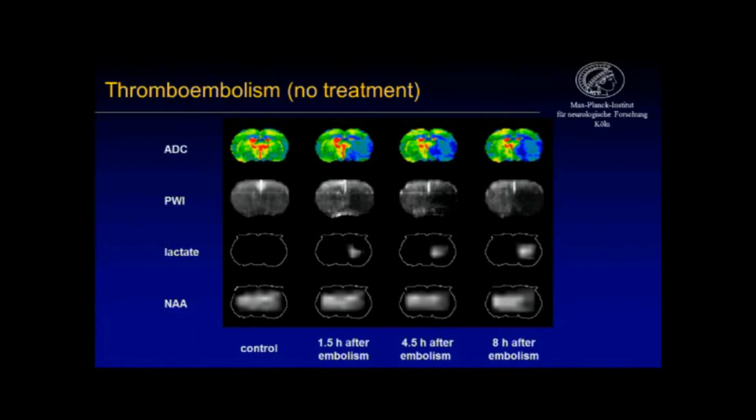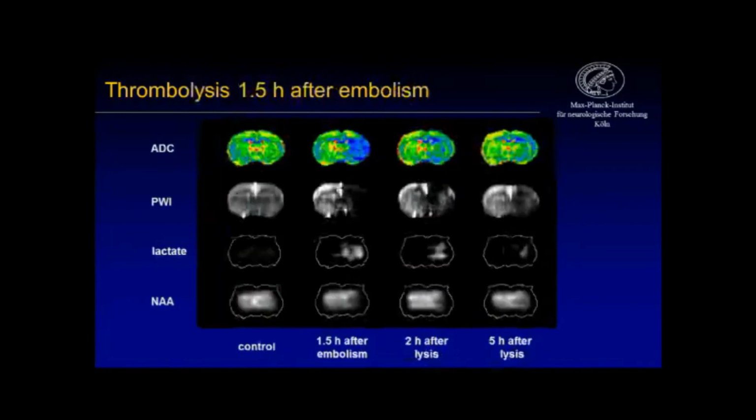We can look at the perfusion-weighted imaging situation. We see that we have a perfusion deficit covering more or less the whole hemisphere. We can also look at spectroscopic imaging and learn something about metabolic events taking place, and we see the production of lactate and the area of lactate expanding as time goes on.